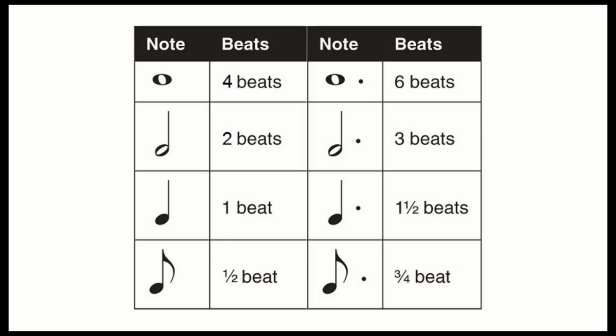A dot after a half note means that you should play the note for 2 beats plus half its value, which equals 3 beats. A dotted whole note means that you should play a note for 4 plus 2 beats, equal 6 beats.